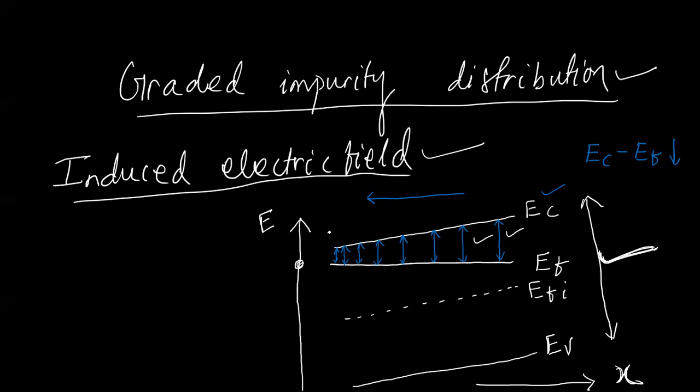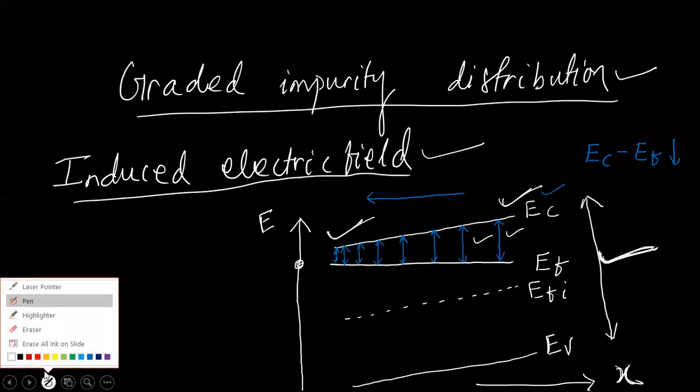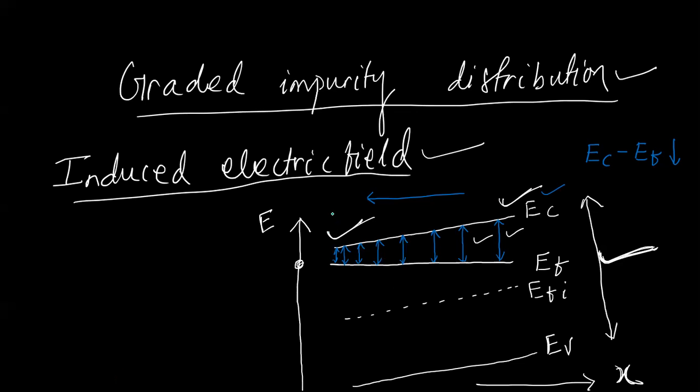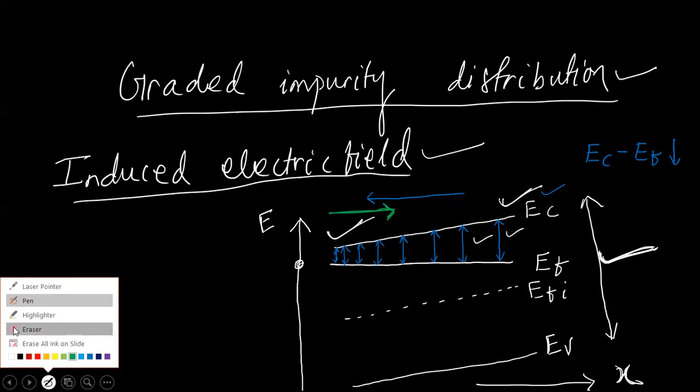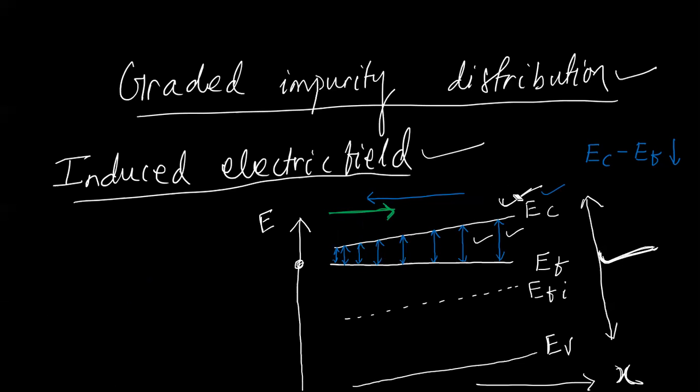If you see, this region is the high concentration and this is the low concentration of electrons. So the electrons will start moving from high concentration to low concentration, as we know, by the diffusion mechanism. In this direction it will move. When these electrons move, I will just show you schematically; you need to just imagine it that way.